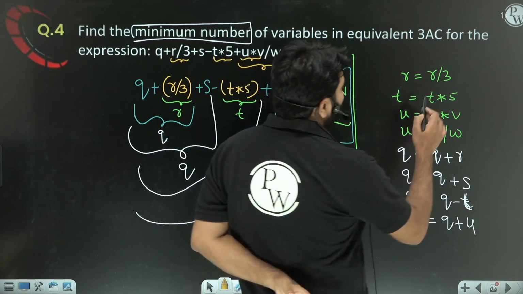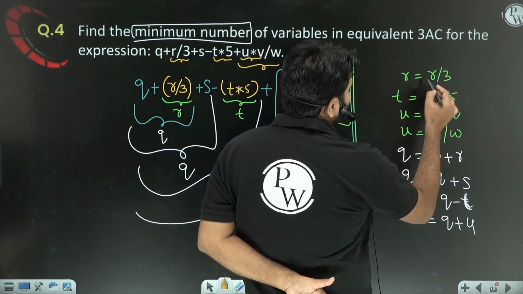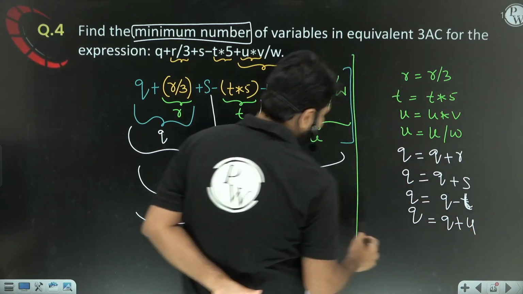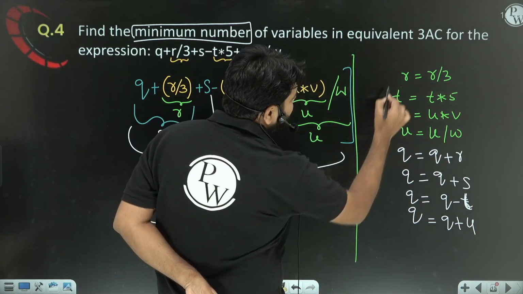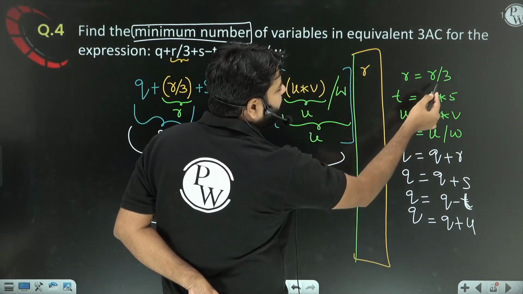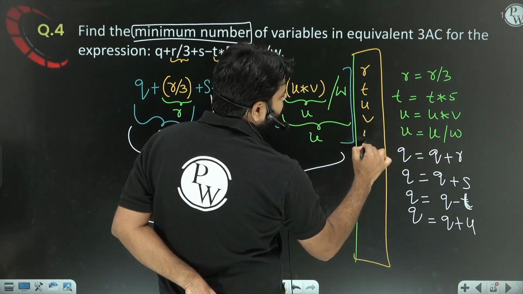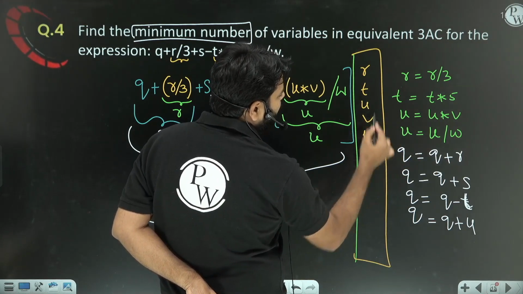Fine. Now how many variables do we have? You can see R. I'll just write down the variables we have. R. What else? T, U, V, W. Don't repeat any. Q, R already covered.